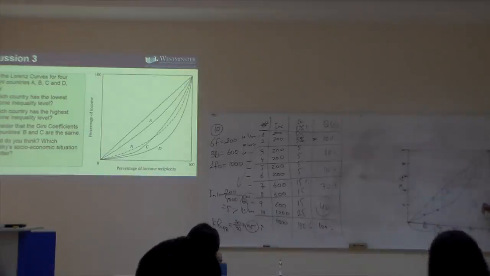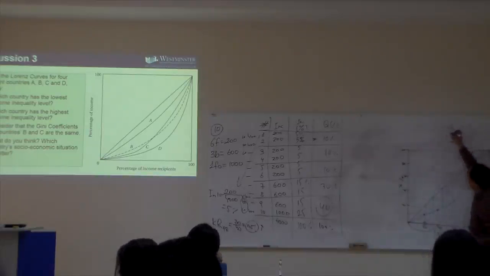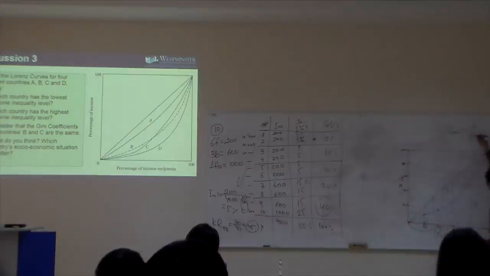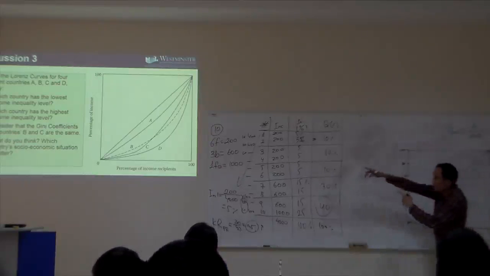How do we find the Gini coefficient? The Gini coefficient is equal to area A, the shaded area, divided by the total area, A plus B.